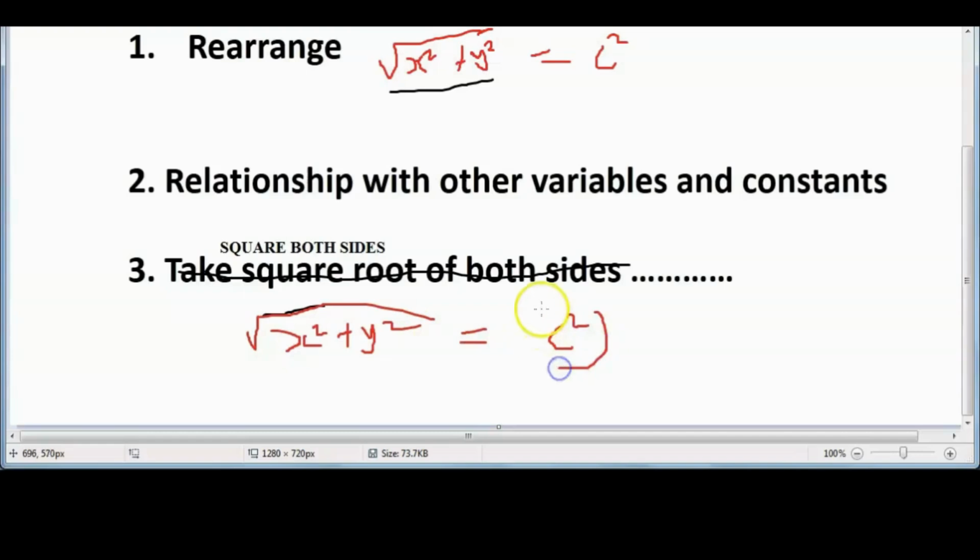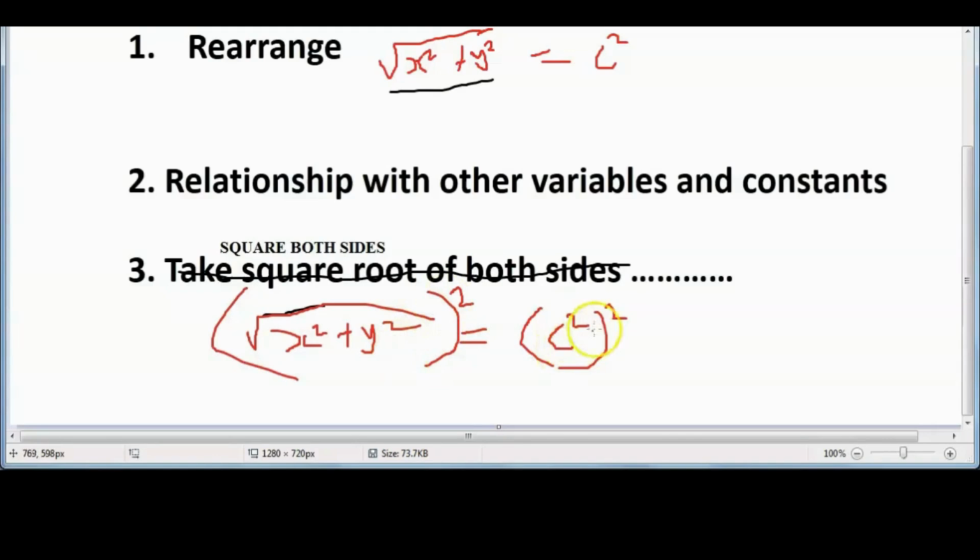So this gets squared, and this also gets squared. Excuse me. The square of the square root of a quantity is the quantity without the square root bracket.